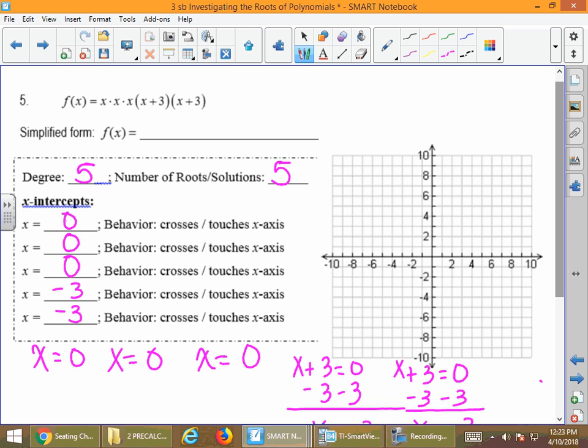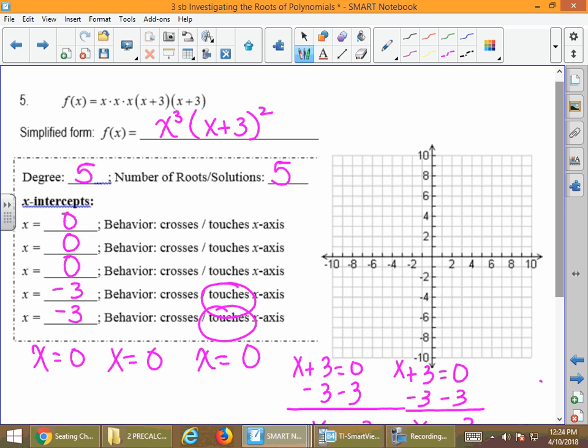If we write this back in, the simplified version, we get x cubed times x plus 3 squared. And we've got a strong guess here that with the x plus 3 squared, we're going to touch.